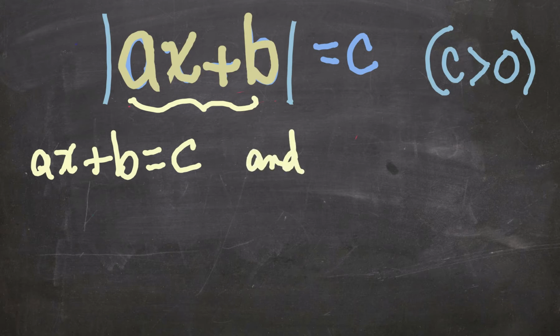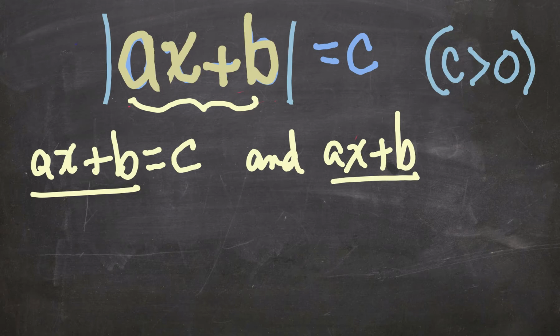And ax plus b, same thing, write the same thing here, can also equal the opposite of c. That's what is possibly inside the absolute value symbols, positive c or negative c, right? Because that is what could have a distance of c from 0.